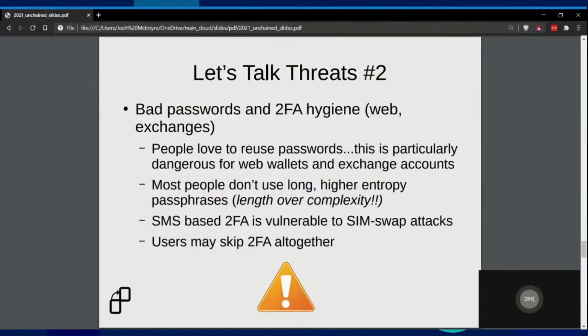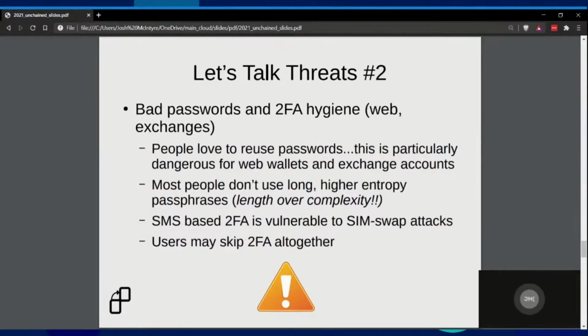The other one that's important to talk about is SIM swapping. Don't use SMS text message-based two-factor authentication for exchange accounts or for web wallets. Like, it just don't. People with high net worths that are involved in the crypto space have absolutely been targeted by this type of attack in the past.